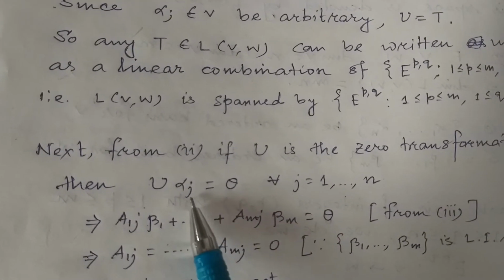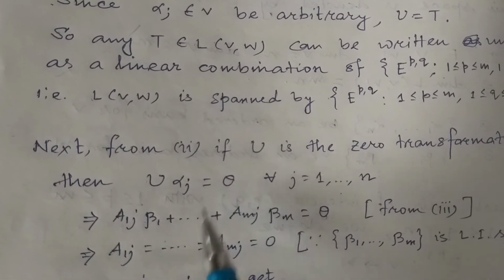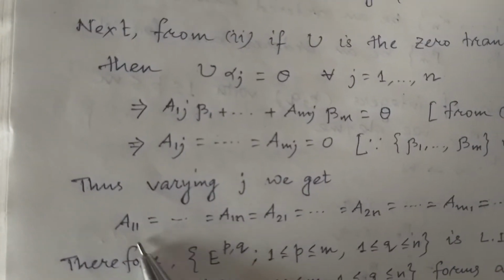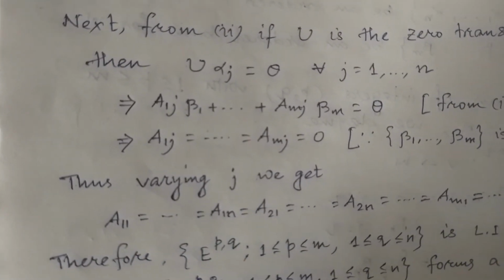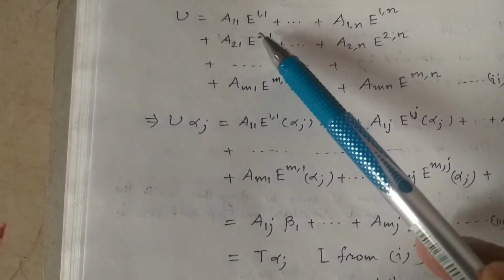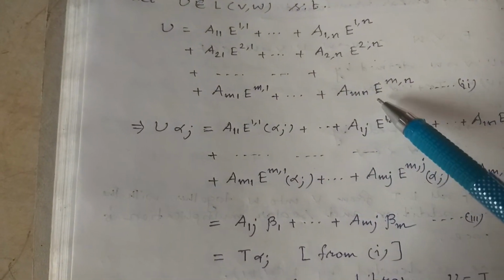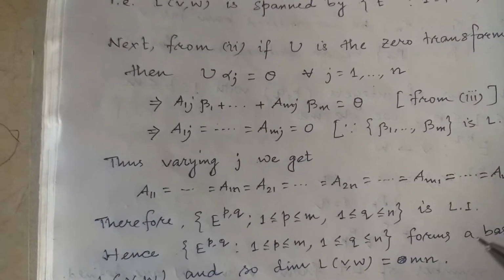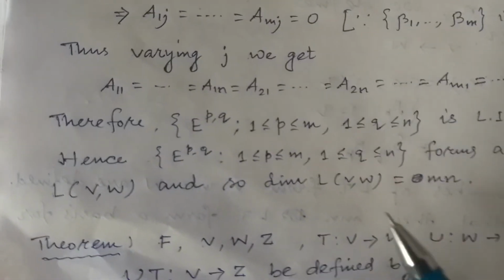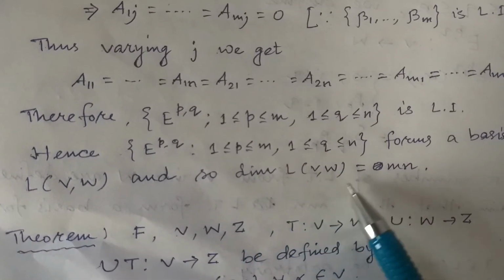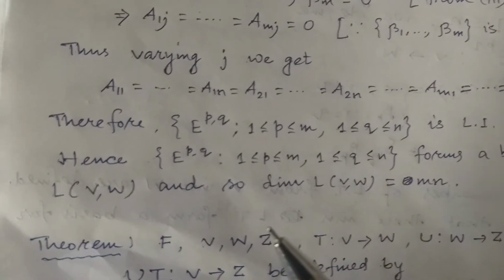Now if we change alpha j to any vector, that means varying j from 1 to n, we get all the coefficients a11, ..., a1n all 0. So this set of linear transformations E11, ..., E1n, E21, ..., E2n is also independent, and hence this forms a basis for L(V, W). So the dimension of L(V, W) equals mn, because there are mn transformations.